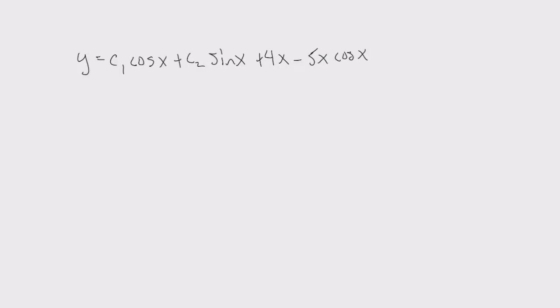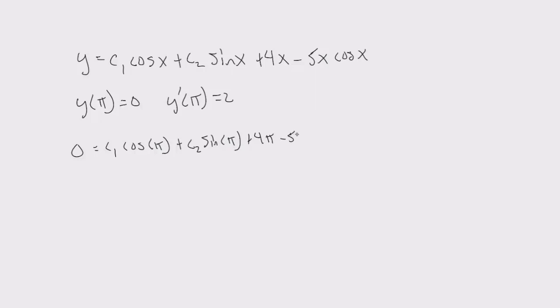And then we can apply our initial conditions. Just as a reminder, our initial conditions were y of pi equals 0, and y prime of pi equals 2. Let's start with the y, so we get 0 equals c1 cosine of pi plus c2 sine of pi plus 4 times pi minus 5 times pi times cosine of pi.